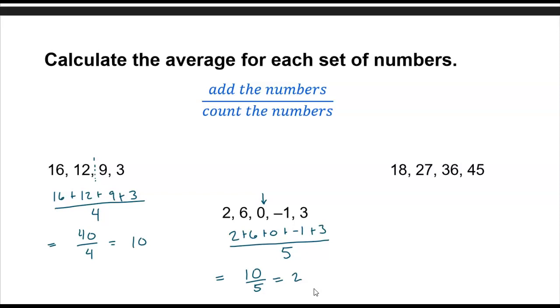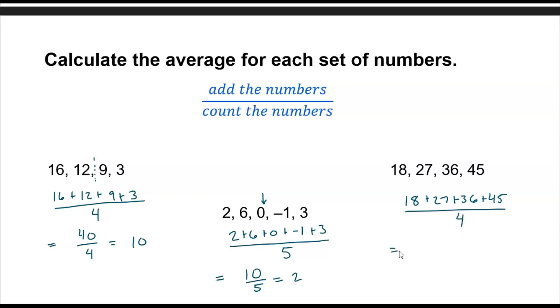Pause the video on this last one and see if you can calculate the average on this last set, and see if you get the same thing I do. So we're going to add the numbers on top, and we're going to divide by the count, 1, 2, 3, 4.